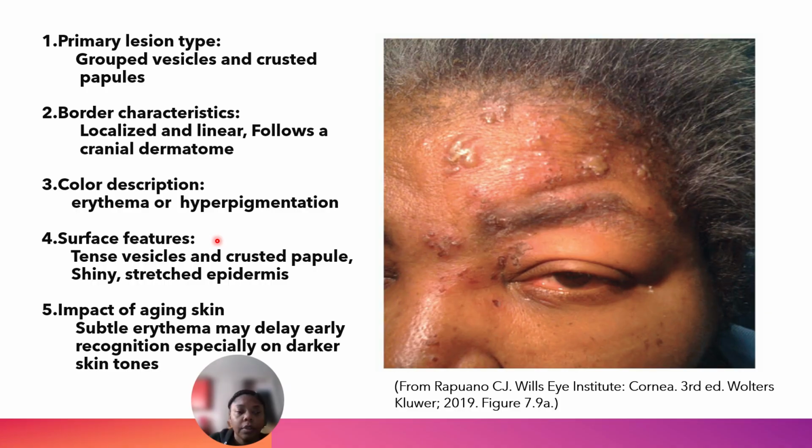It's erythema, which on her is crusted papules. The impact of aging skin on her: because her skin is darker, the erythema is less likely to be seen, so her diagnosis may be delayed.